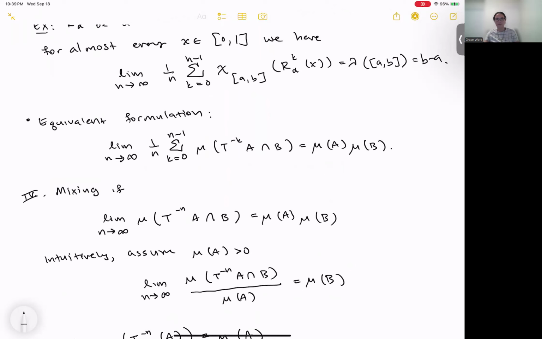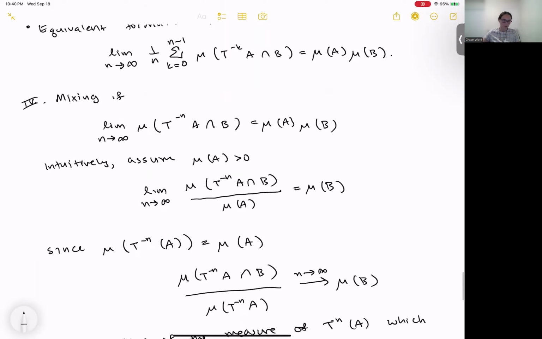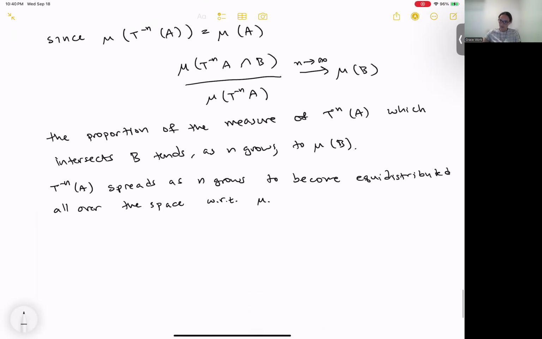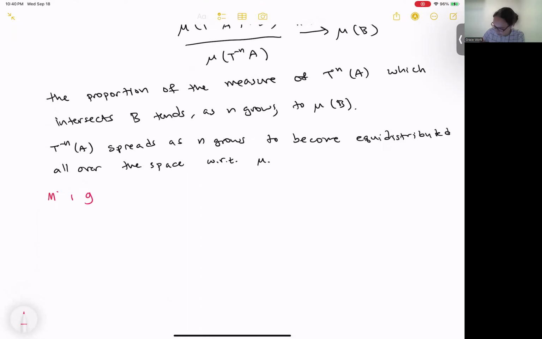And if you're mixing, then you're going to be ergodic. So we can write down that mixing implies ergodic.